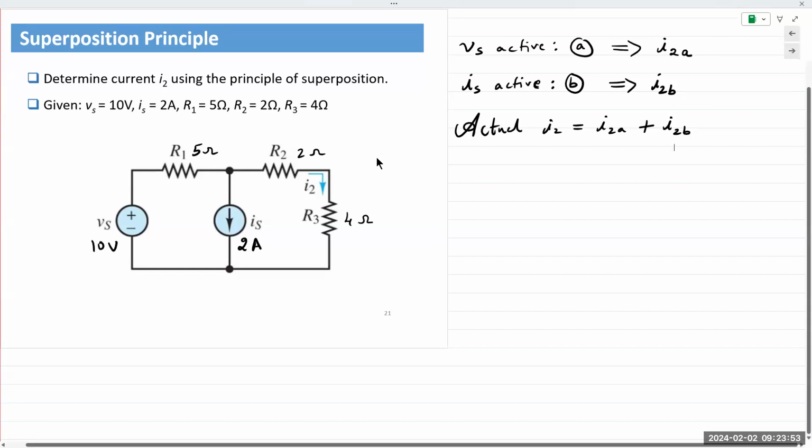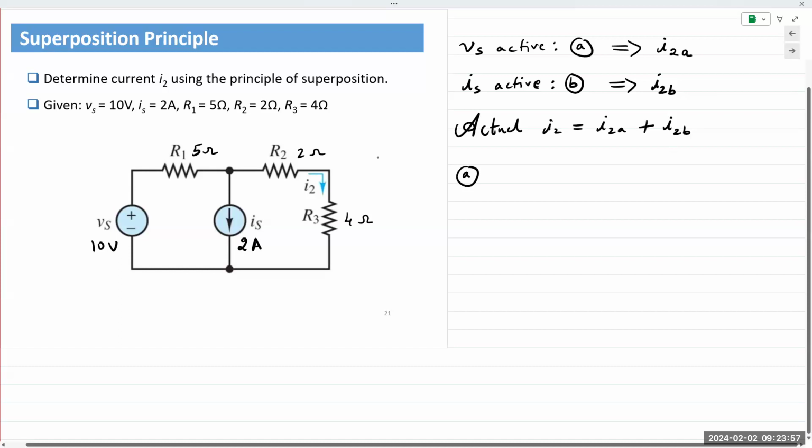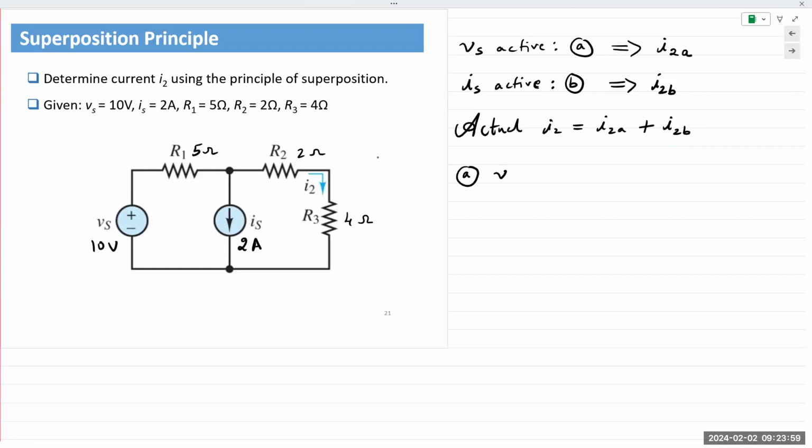So then let's draw the circuit for A. Only VS is active. All other sources in the circuit have to be reduced to 0. The only other source in the circuit is IS. So you reduce IS to 0. To reduce a current source to 0 means replacing it with an open circuit.